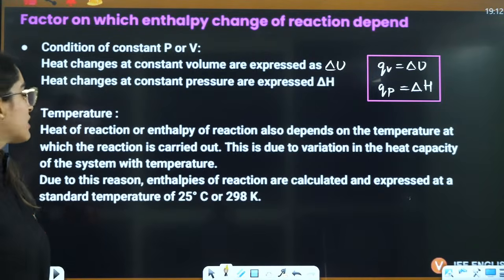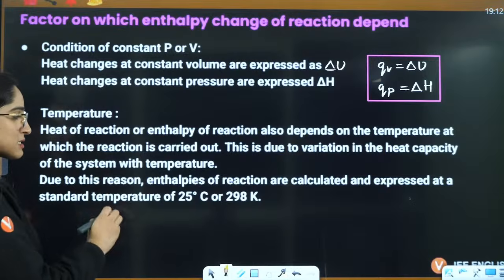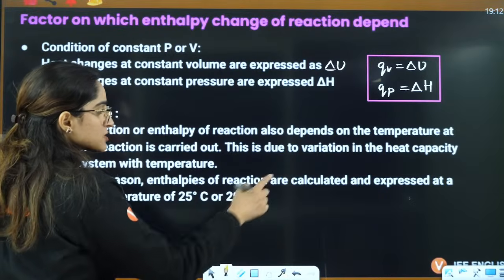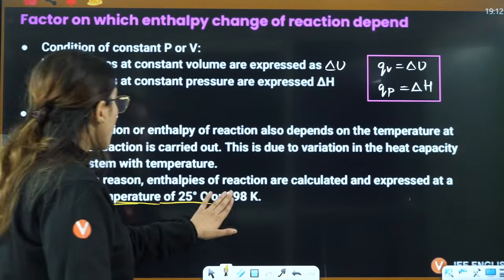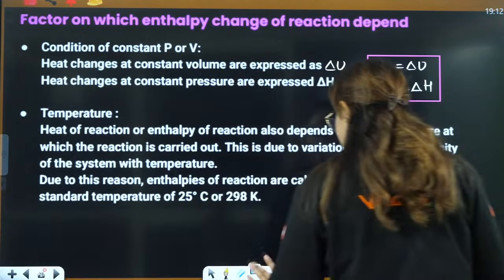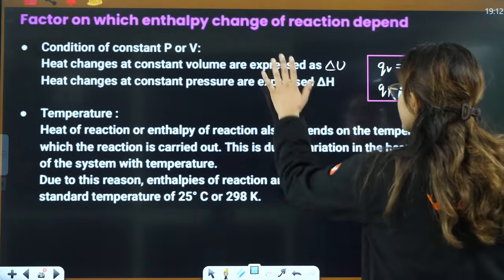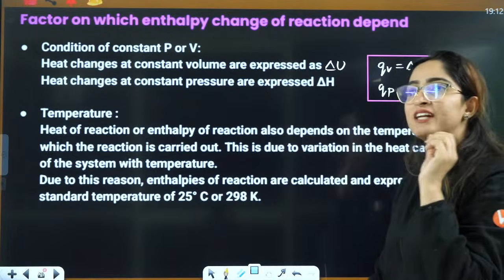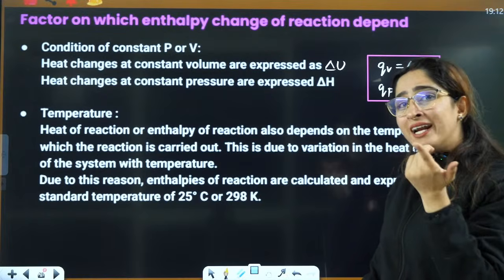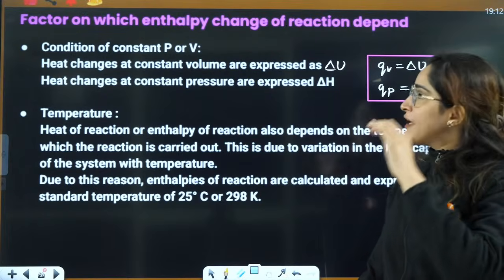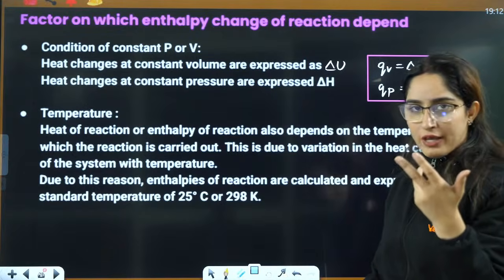This is due to the variation of heat capacity. Due to this reason, enthalpies of reaction are calculated and expressed at a standard temperature. That's why we are keeping them constant. Why are we keeping volume constant? Because we want heat changes at constant pressure and temperature, because if you vary the temperature or pressure, eventually the heat changes are going to vary.